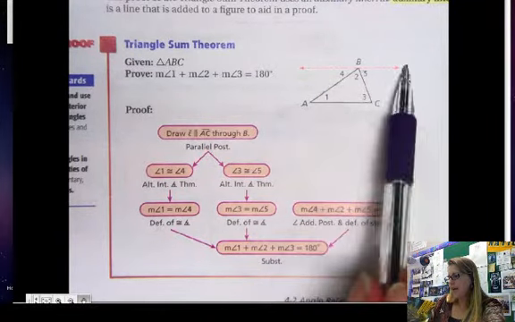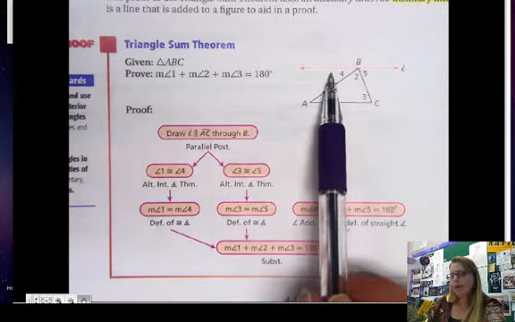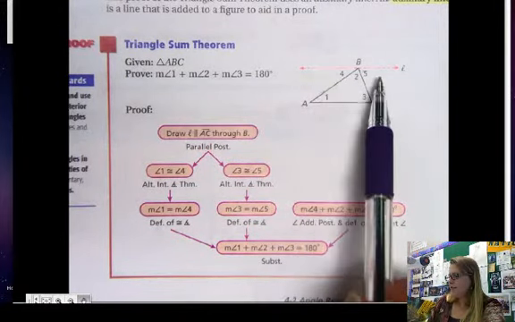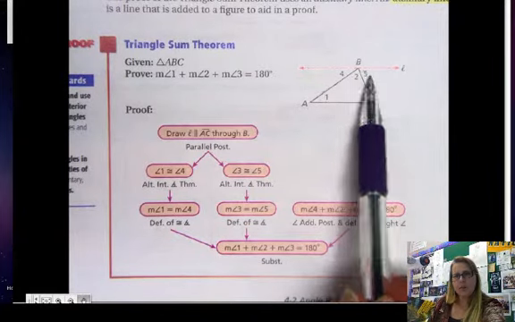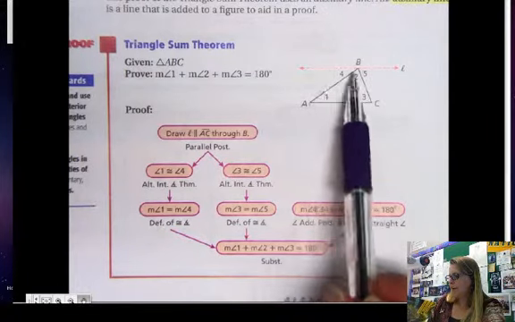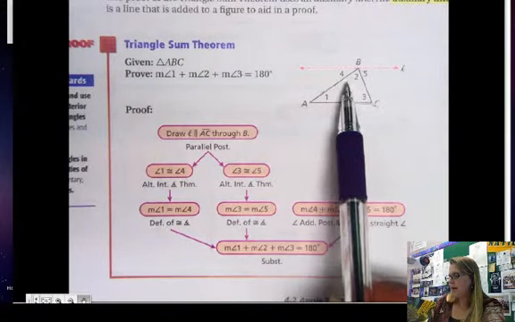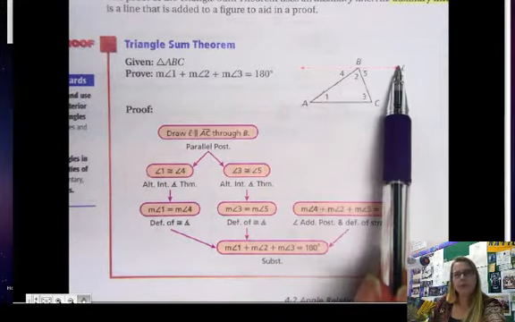If this line L is parallel to line AC, then 1 and 4 are equal because they're alternate interior. And for the same reason, 3 and 5 are also equal because they're also alternate interior. So as you can see here, we have line L and we have three angles, angle 4, angle 2, and angle 5, that add up to 180.